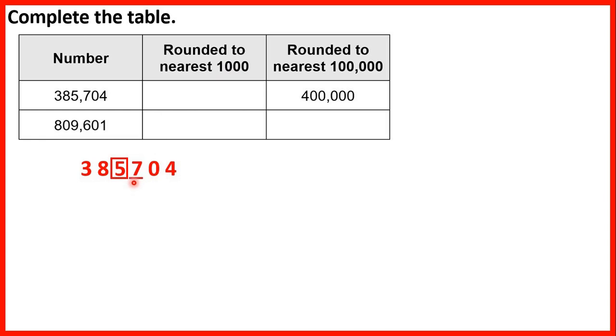Now we look to the right and we have a 7 as our hundreds digit, and if we have 5 or more, we round up. So that means this 5 is going to become a 6. Digits to the left, so the 3 and the 8 stay the same, and digits to the right turn into zeros. So we have 386,000.